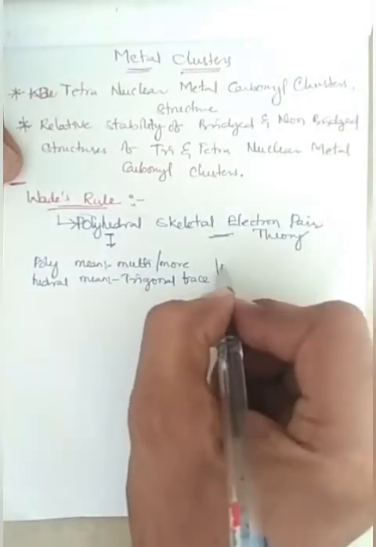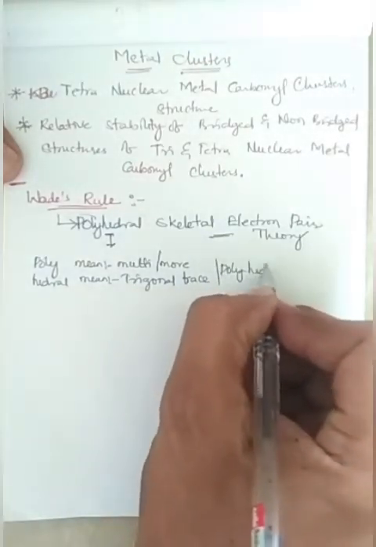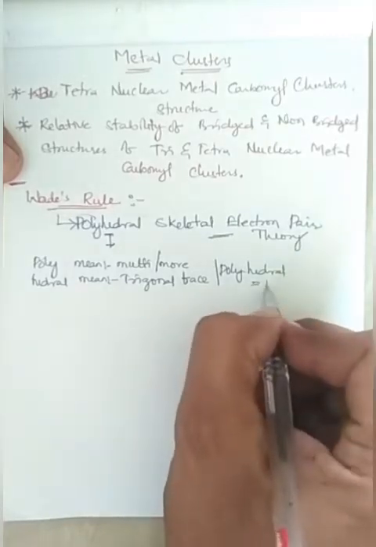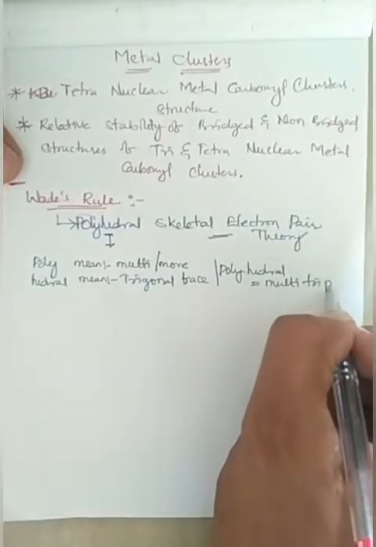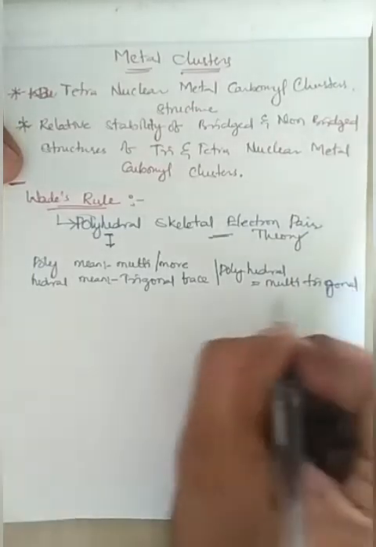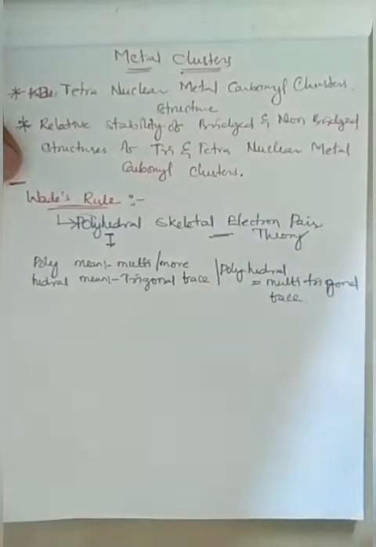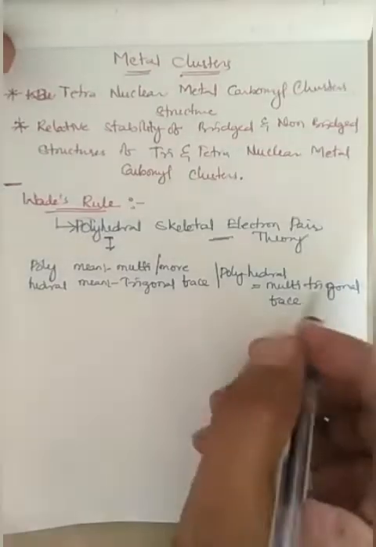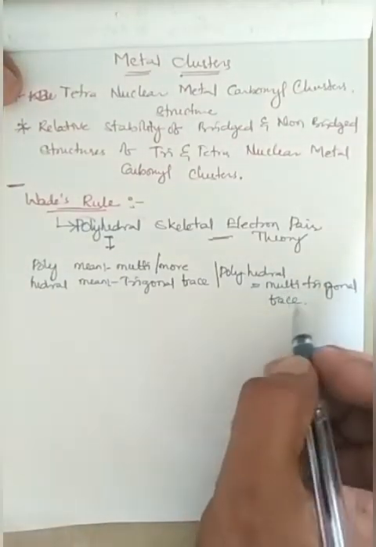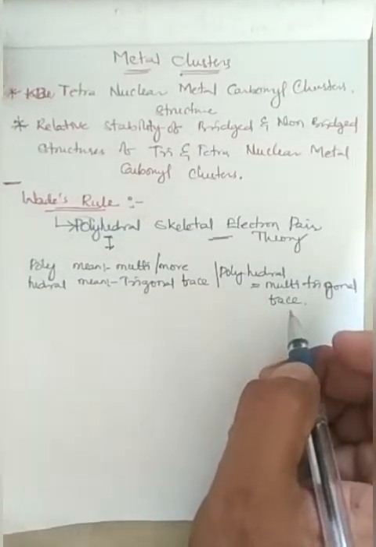So in total, polyhedral is nothing but multi-trigonal face. So the structures we have in the high nuclear metal carbonyl clusters will be polytrigonal face structures, right?